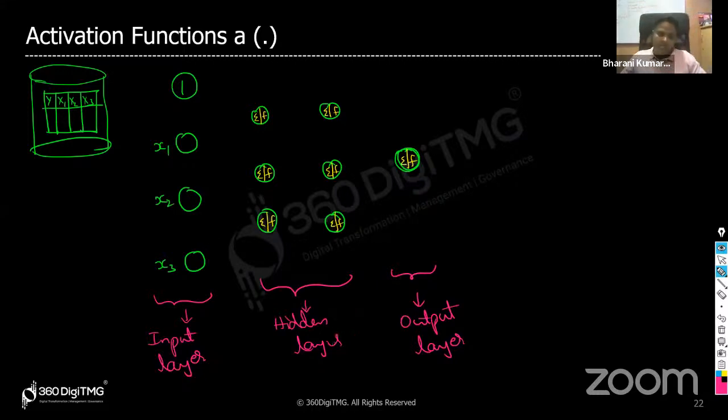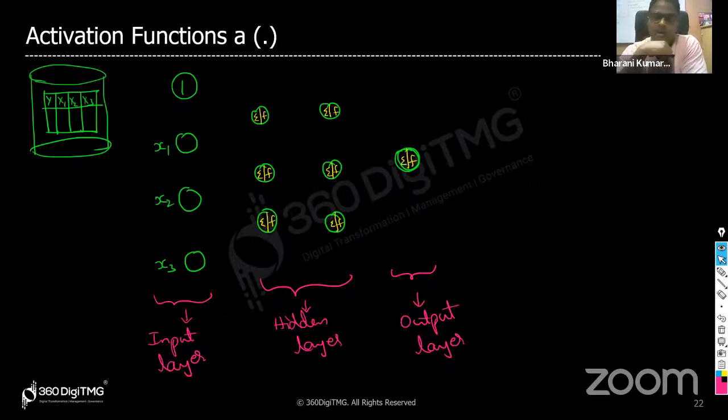The number of hidden layers that you can have is up to you. You can have 2 hidden layers as I've drawn here, or you can have 1,000 hidden layers. It really doesn't matter.